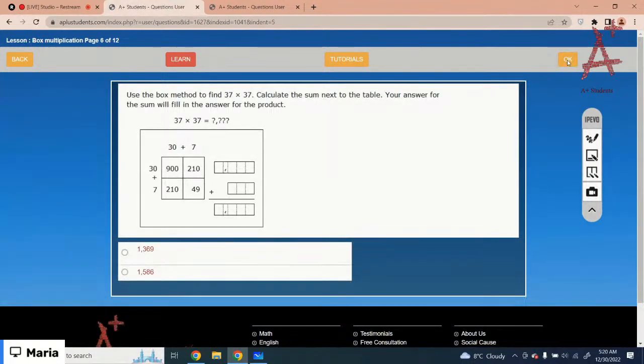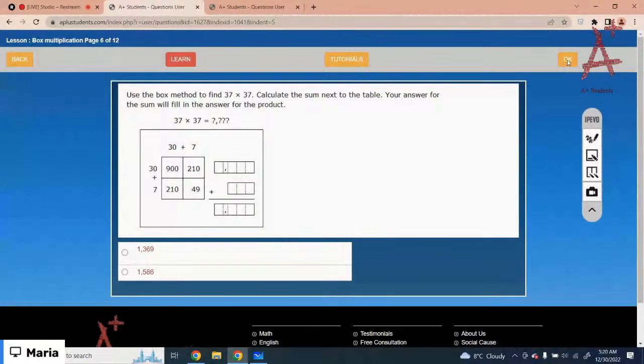Okay, the next one is 37 times 37. So which of the option is the correct option? It would be 900 plus 210 is 1110, and just add 259 plus 1110.